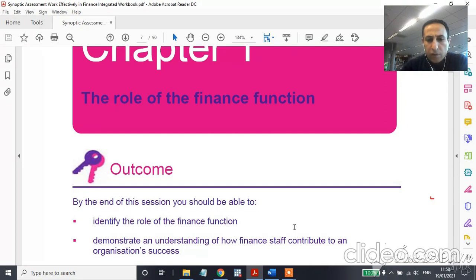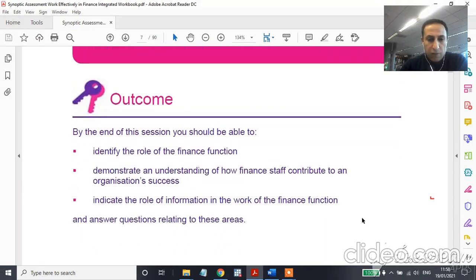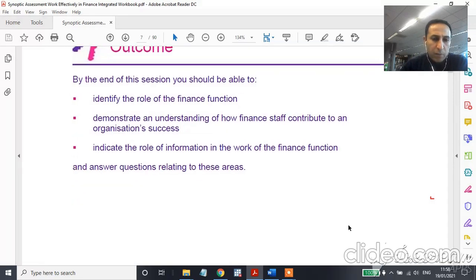Then demonstrate understanding of how finance staff contribute to the success of the organization. Then indicate the role and the information the finance staff hold, and how they can make a contribution to the success of the company.